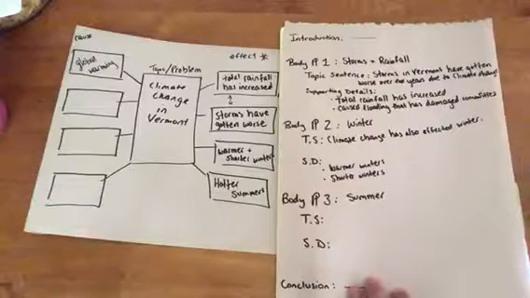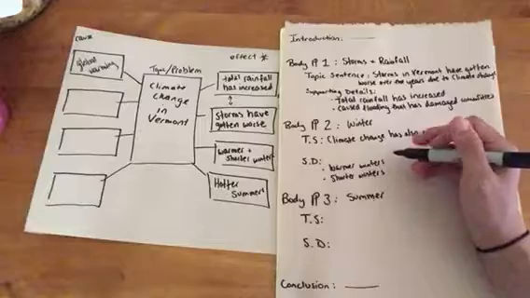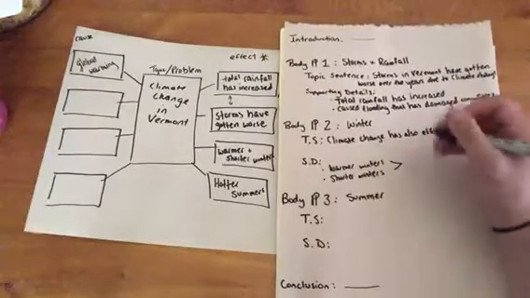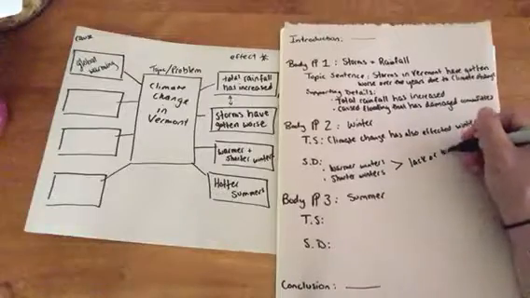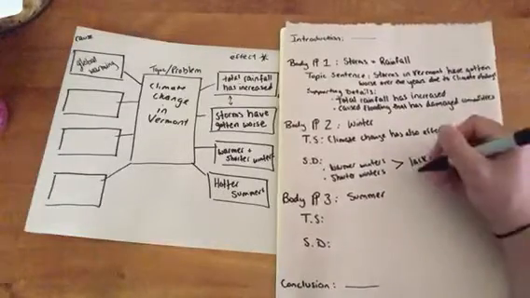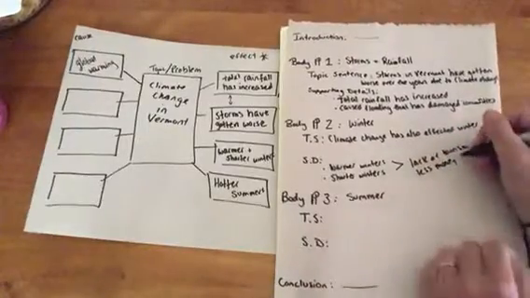It can also threaten the length of the season and how much people can actually do and how many people come to the state. So I can put here that my supporting details are warmer winters and shorter winters, and that this can cause lack of tourism and less money for the state.